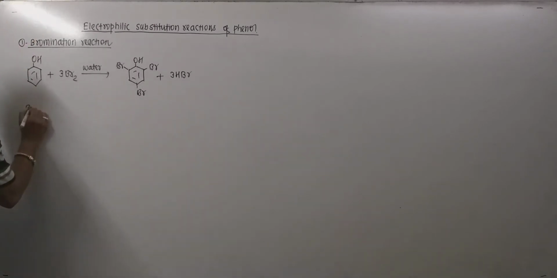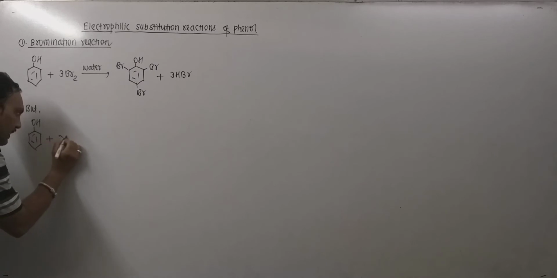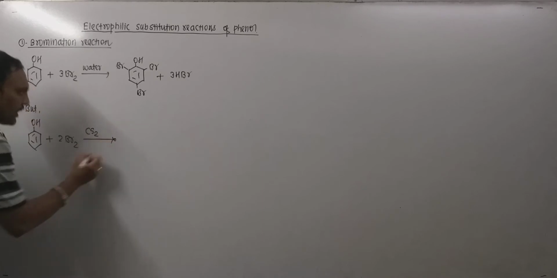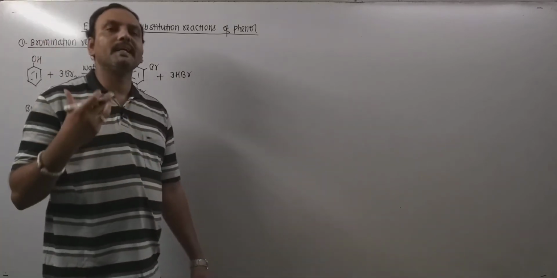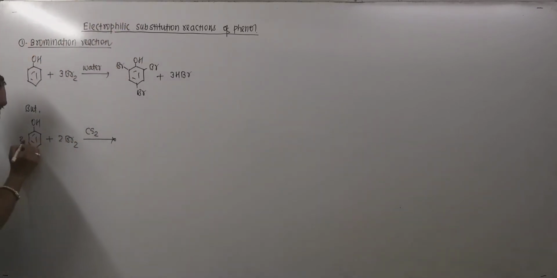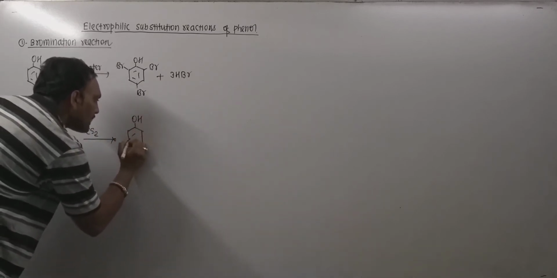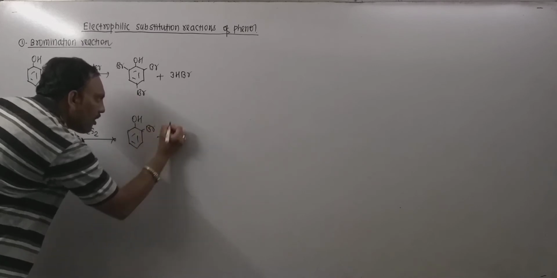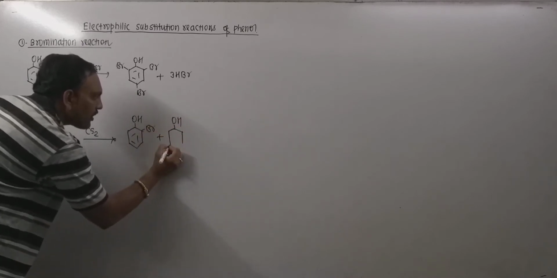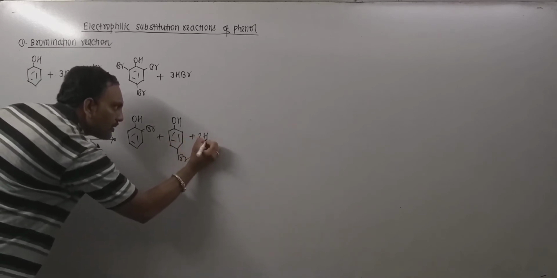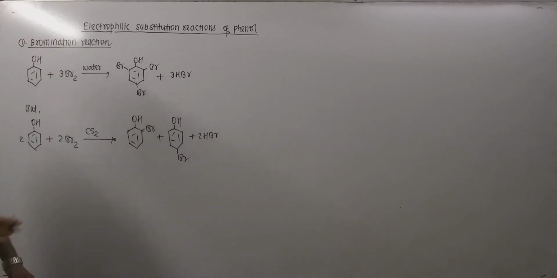But on the other hand, if the same phenol is treated with bromine in presence of organic solvents like carbon disulfide or carbon tetrachloride, then a mixture of orthobromophenol, which can be given as, and along with this ortho substituted product, the major product, that is parabromophenol, is also obtained along with HBr.